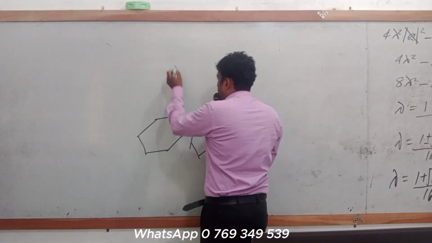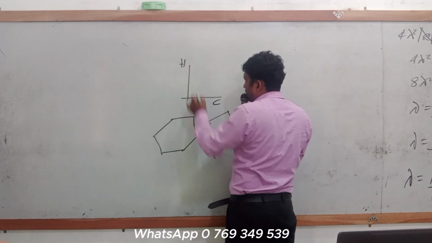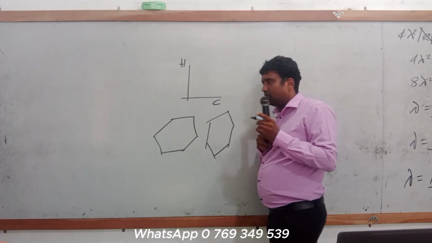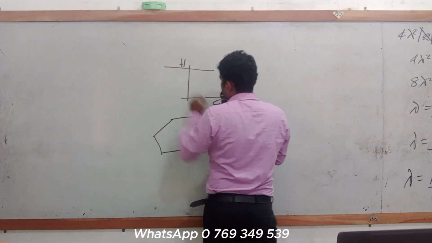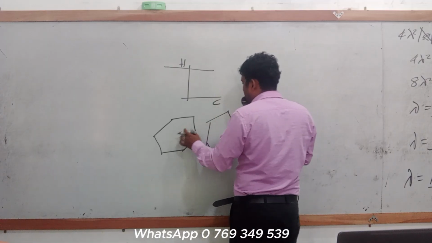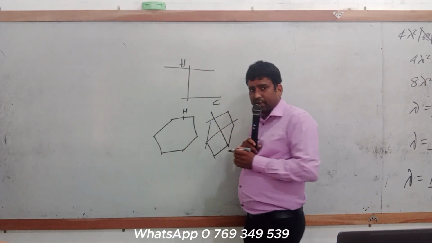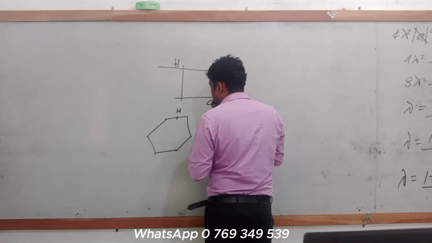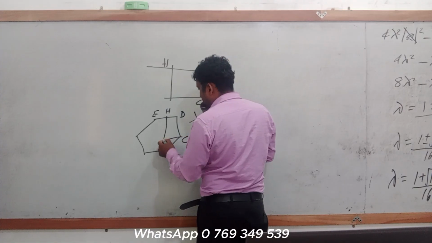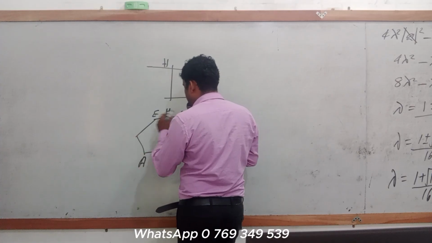H is the midpoint of DE, so it should be like this. Then we can use this one only; we can't use the other. Here D and here E should be, and C here, and B here, A here. A, B, C, D, E, F here.